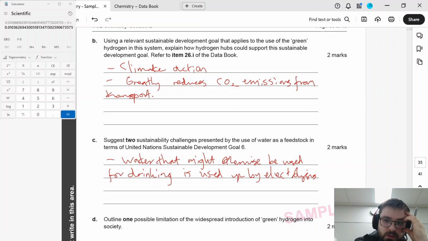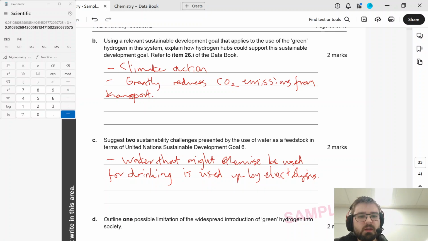Sustainability challenges. So requiring access to fresh water is an issue, but I don't think that's really a sustainability challenge. So the problem is just that you run out of water.